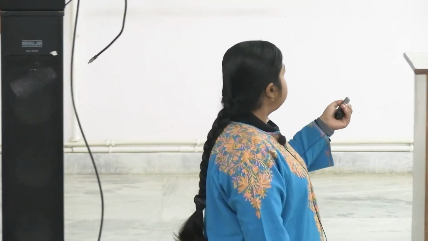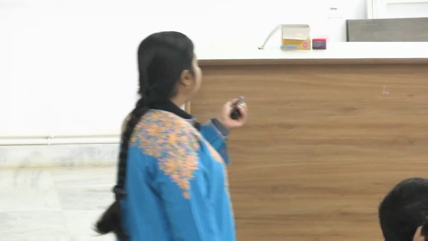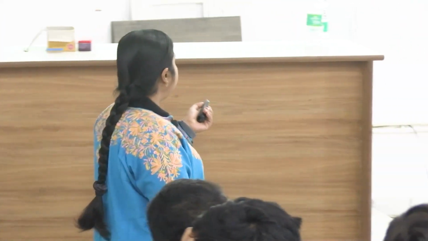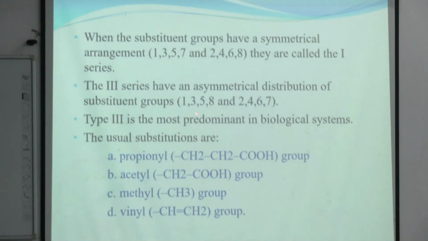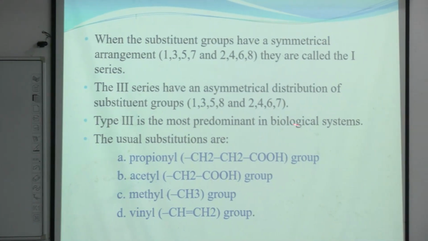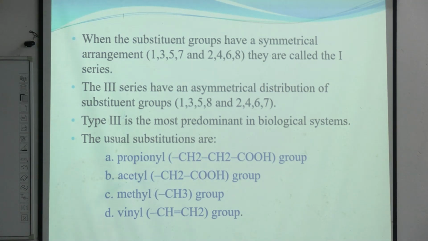Now, I said this 1, 3, 5, 7, 2, 4, 6, 8, they are symmetrical, they are called the 1 series, and the 3 series have asymmetrical distribution of substituent groups, 1, 3, 5, 8 in place of 7. Clear? Now, why did I tell this? Because type 3 is the most predominant in our body or in our biological system.